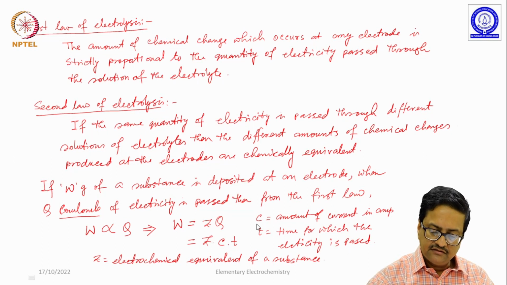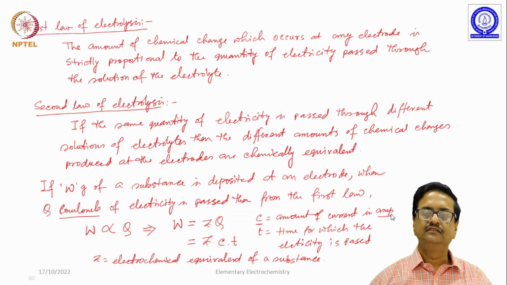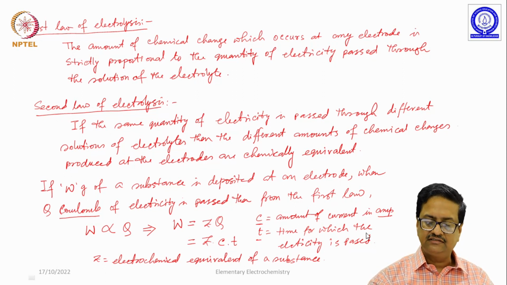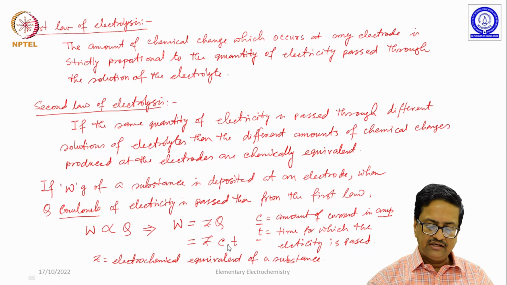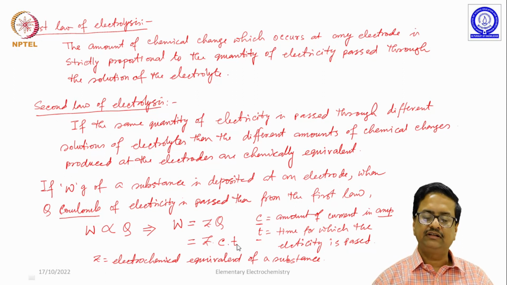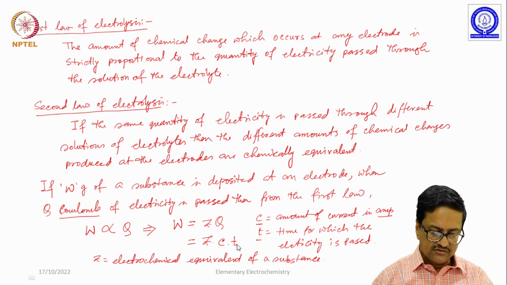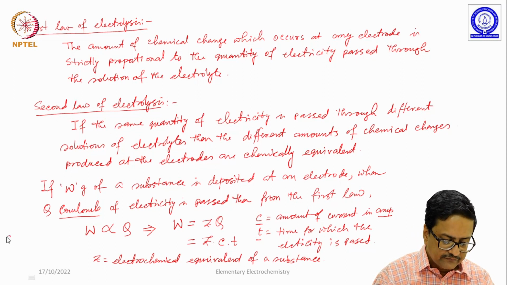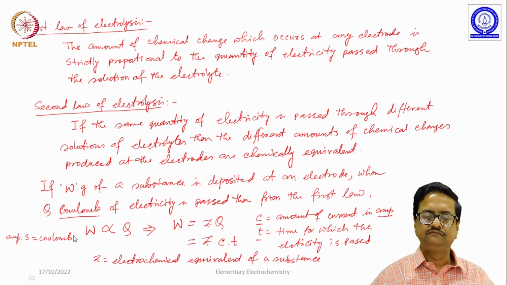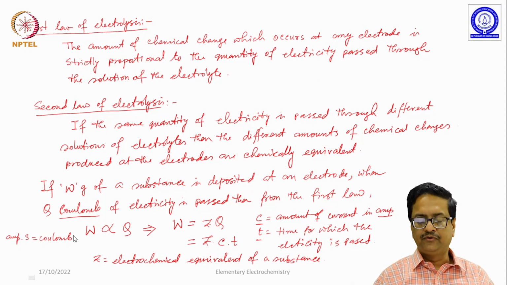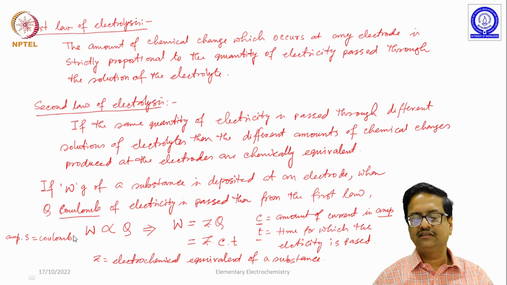So the unit of current is ampere and unit of time is in seconds. So when you do ampere into second, that is current into time, you get coulomb. So this you need to remember that ampere second is equal to coulomb, right? That's simply like the F equal to ma. So unit of force is mass into acceleration.